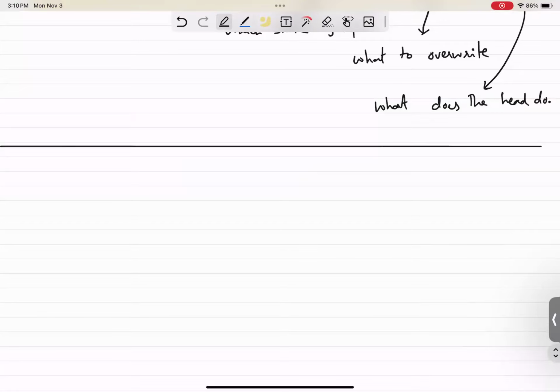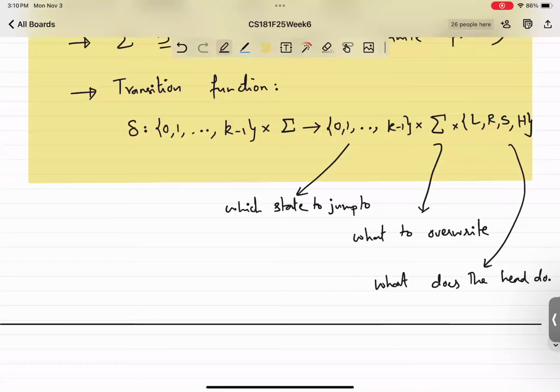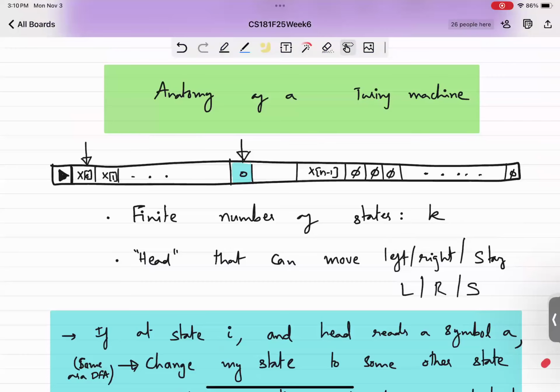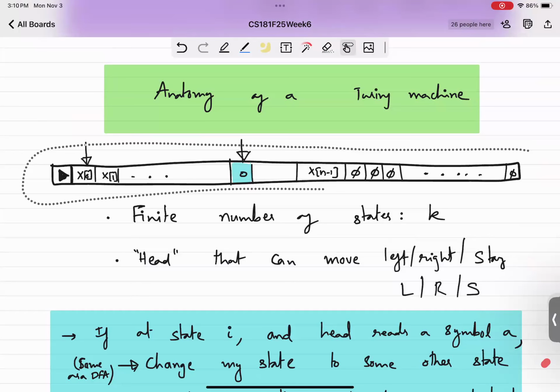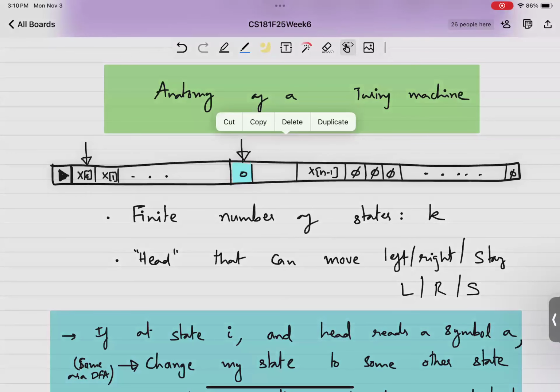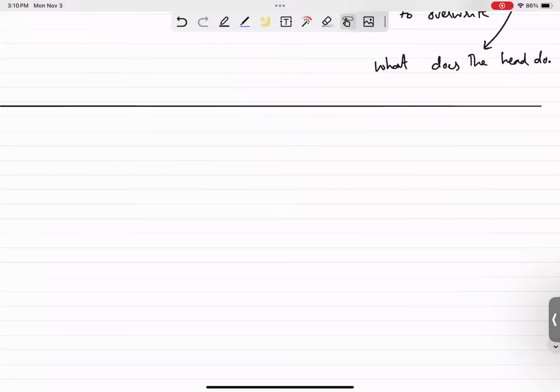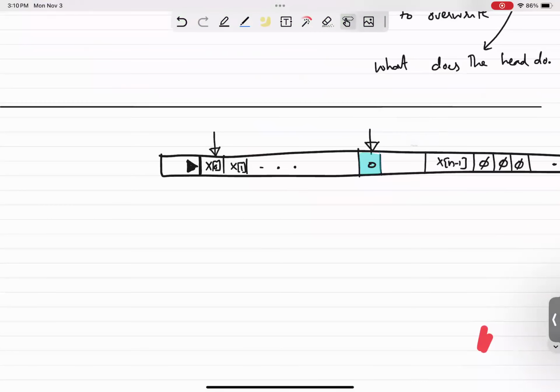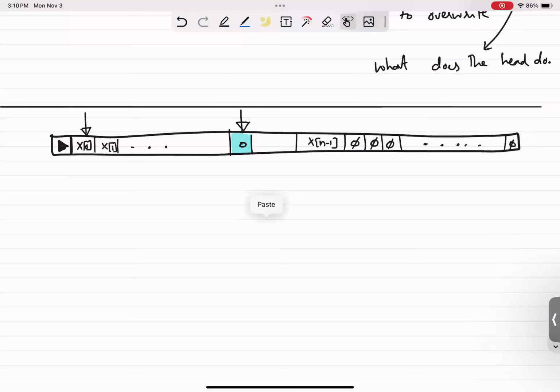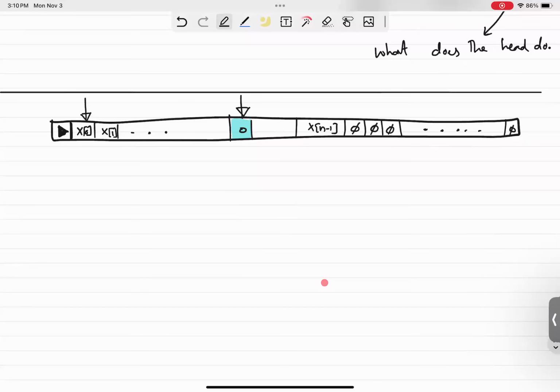Okay, so now that we know the pieces that are involved, let's talk about how a Turing machine works. I said at its heart, it's a very simple variant of a DFA. So we can figure out what it's supposed to do, at least, right?